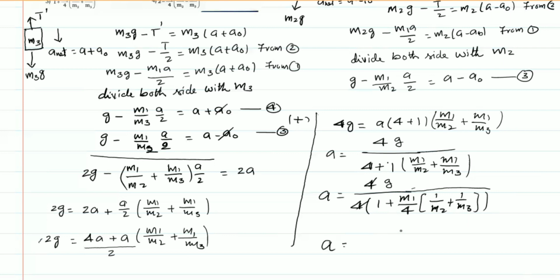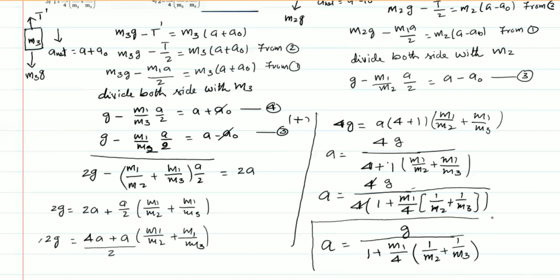So the final equation comes as a is equal to g upon 1 plus m1 by 4 into (1 by m2 plus 1 by m3). This is the final equation. So this is the acceleration of the m1 block. Are you getting my point?